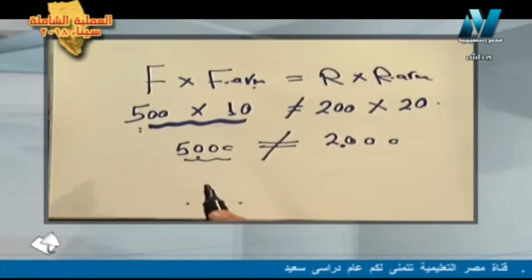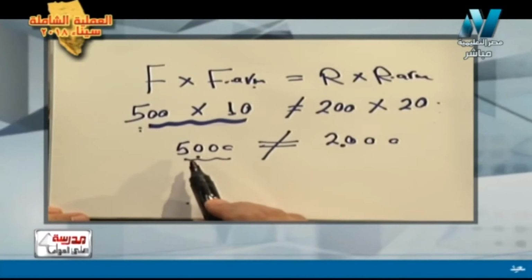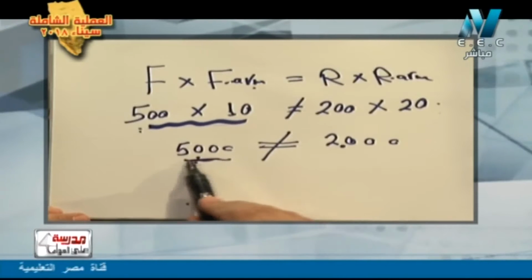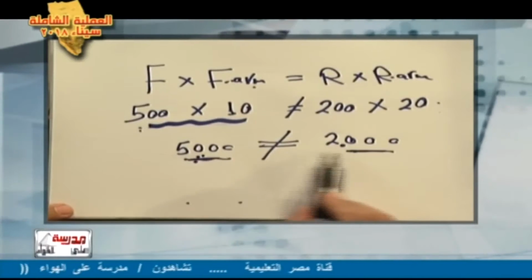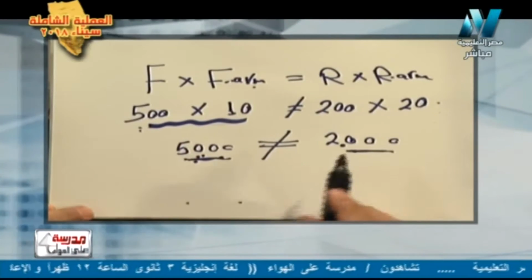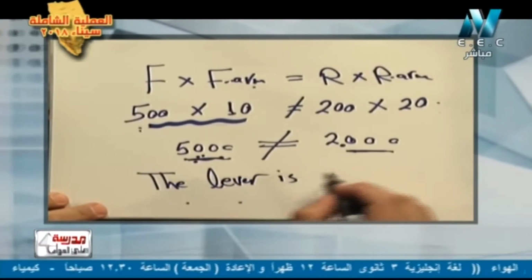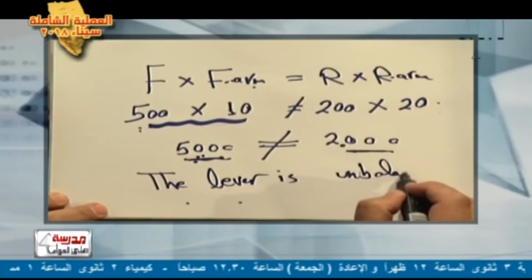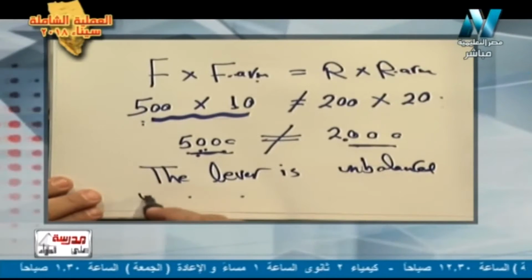So in this type of problem, I am only asked to find out whether the lever is balanced or not by comparing the two sides. If the two sides are equal in value, then the lever is balanced. But in this case, the lever is unbalanced, or not balanced. And why?